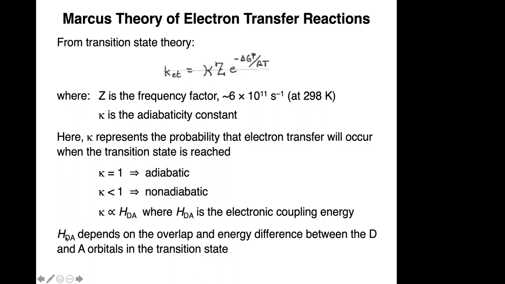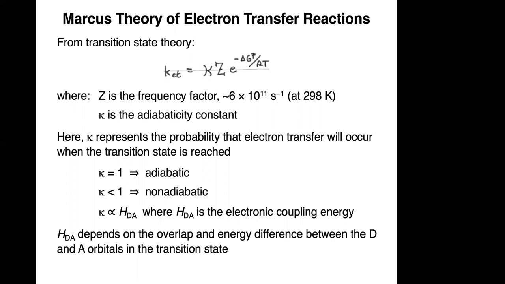So this electronic coupling energy between the reactants and products is going to depend on the overlap and energy difference between the donor and acceptor orbitals in the transition state. What this means is that whether or not the electron transfer step proceeds has a lot to do with whether there's reasonable orbital overlap and energy match, just like we considered in MO theory, that facilitates the electron transfer.